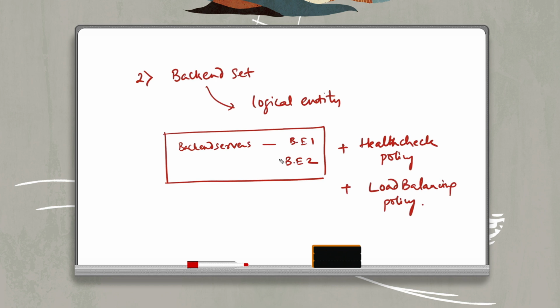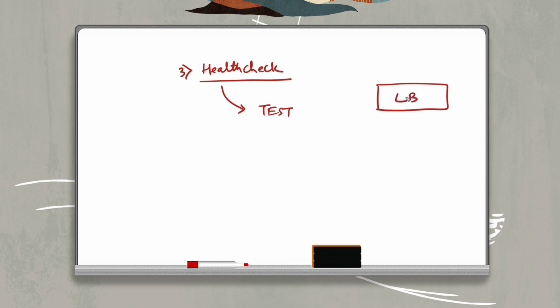Now let's talk about the health check policy. So the third construct is the health check policy. Now what is this health check policy? This is simply a test. And what's the test all about? As I mentioned, we have the load balancer, we have the incoming request, then the load balancer is going to distribute it to different backends.